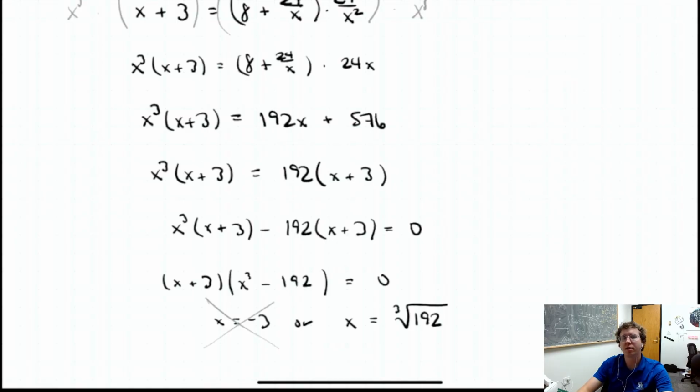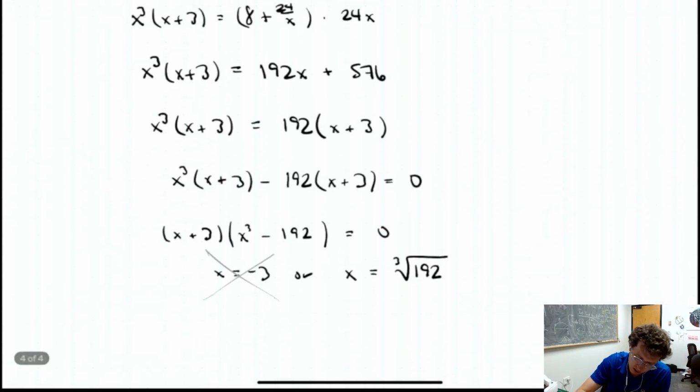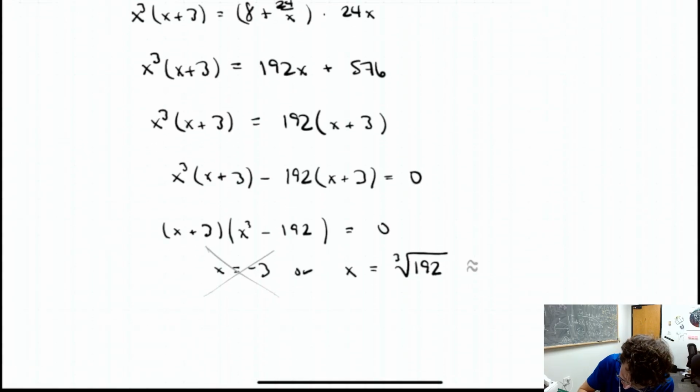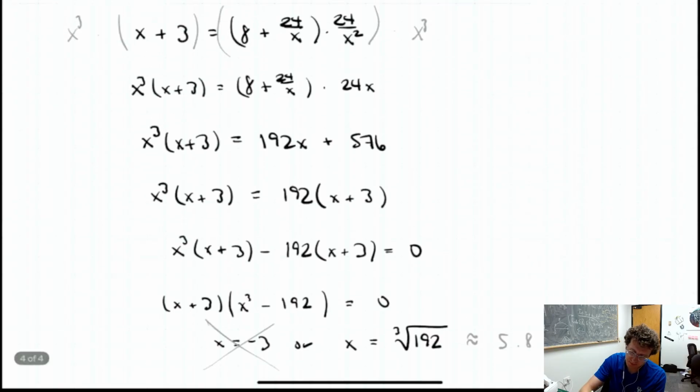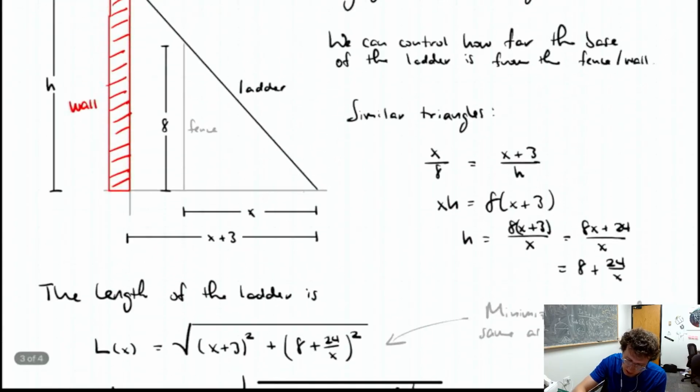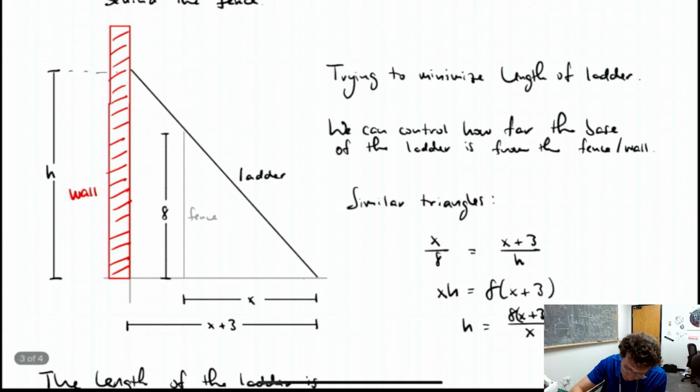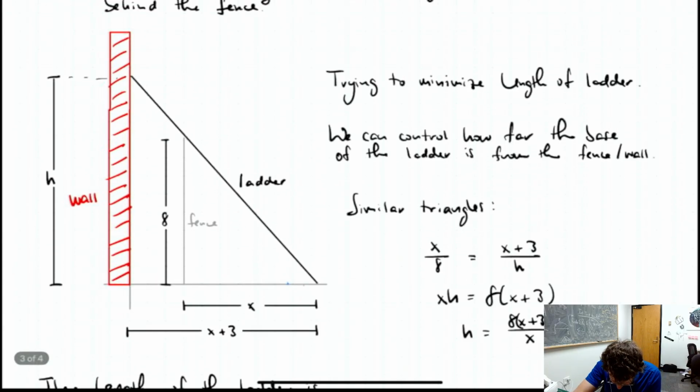Just for the sake of making sure that this seems reasonable, I'm using a calculator to get a decimal approximation. It's about 5.8. Does that look reasonable? So that would start 5.8 units away from the wall, which is about here.